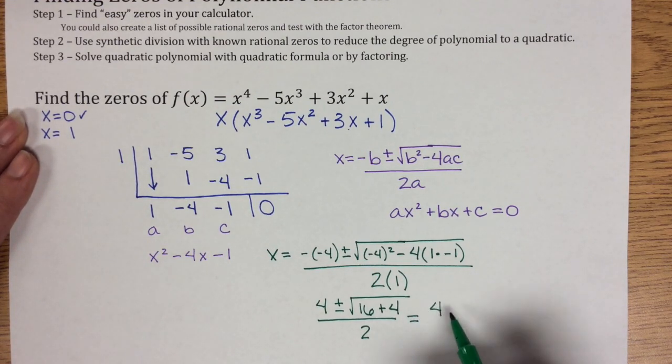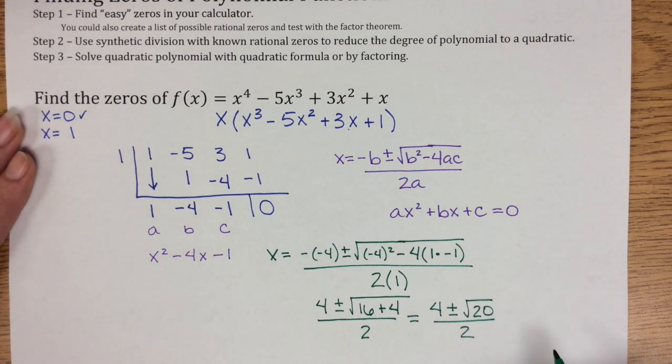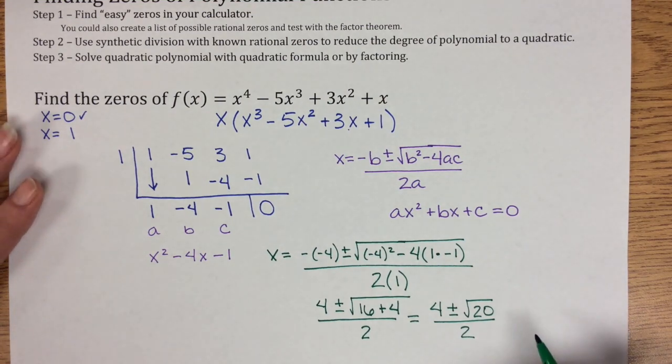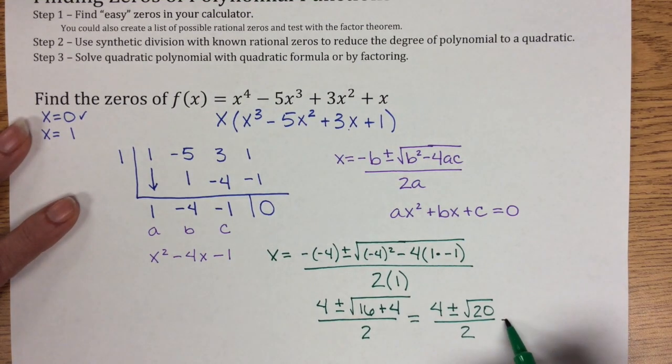So let's clean this up one more step. 4 plus or minus the square root of 20, all over 2. You should have reviewed simplifying radicals, and we're going to want to simplify this radical. So we're going to say 4 plus or minus.